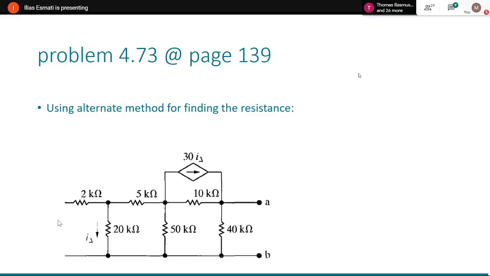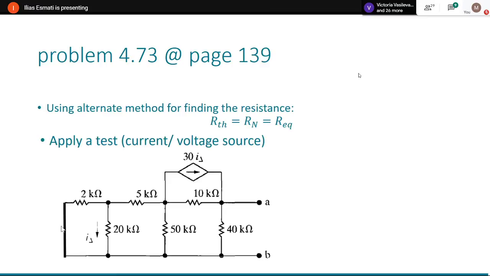What I do is remove the voltage source in order to find the equivalent resistor. If I do that, I put a test voltage of, let's say, 1 volt, just to see what would be the current.